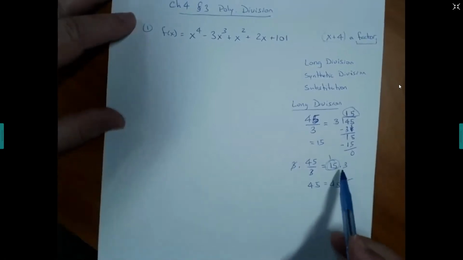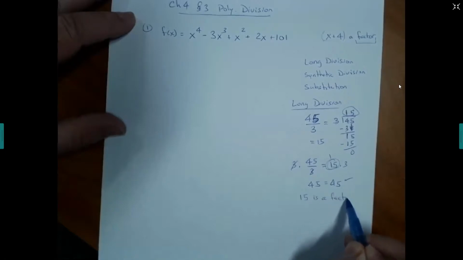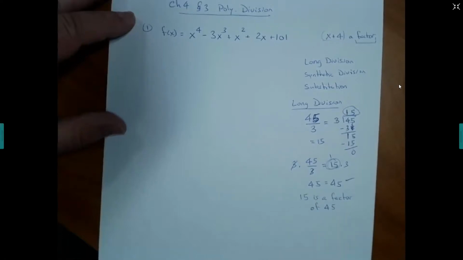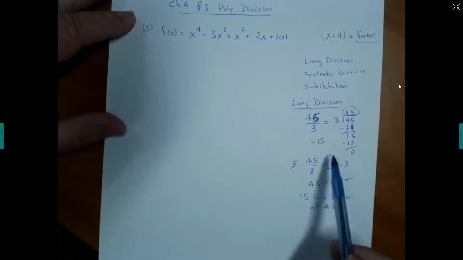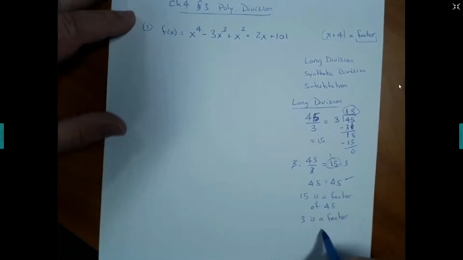So in other words, what does this tell us? 15 is a factor of 45. It also tells us, since we have an answer with no decimals, we also know that 3 is a factor of 45.